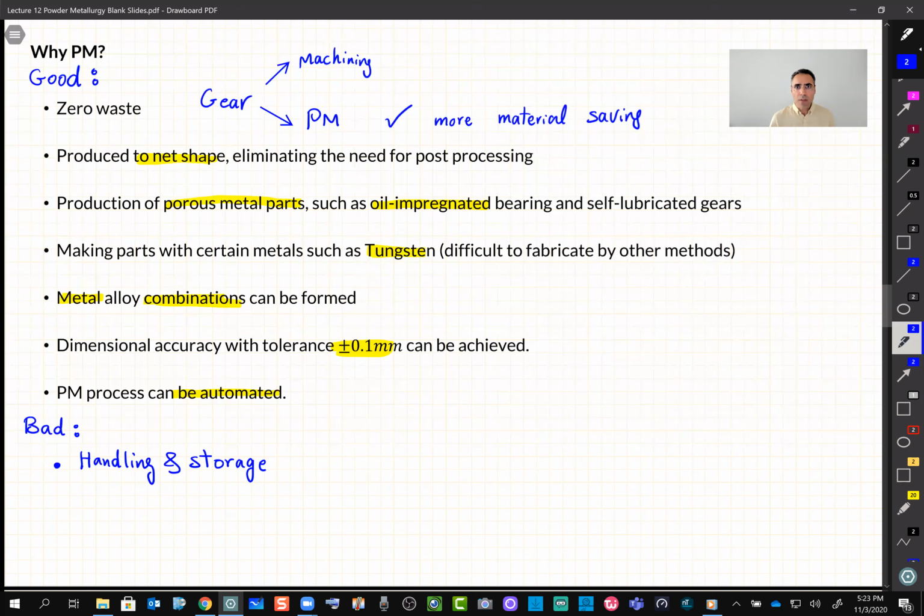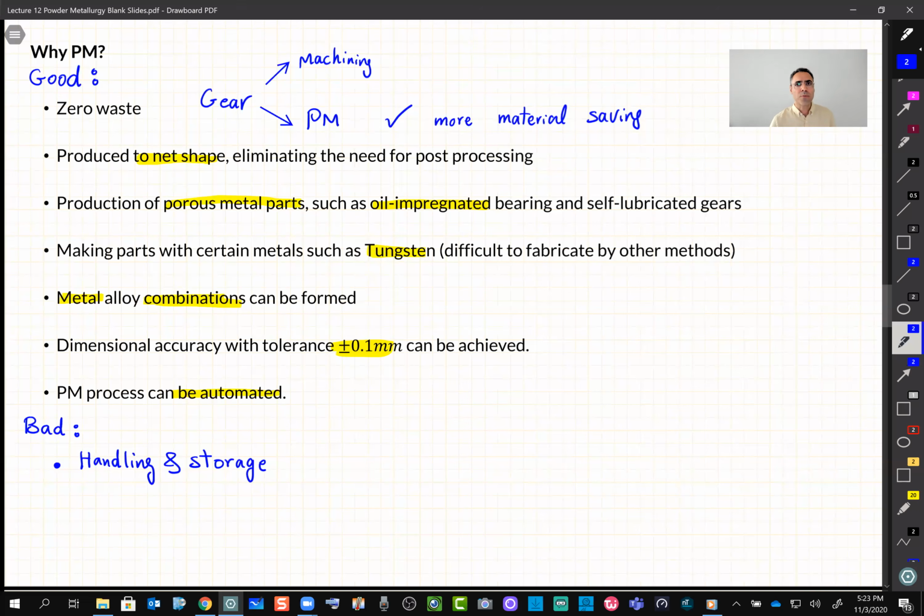It is less volume. However, you need to build a container for it, right? Imagine a big piece of solid metal, you can just leave it at the corner of a shop. But when you have powder, you need to build a container. You need to make sure that this container does not become contaminated, with humidity or other things getting into it.